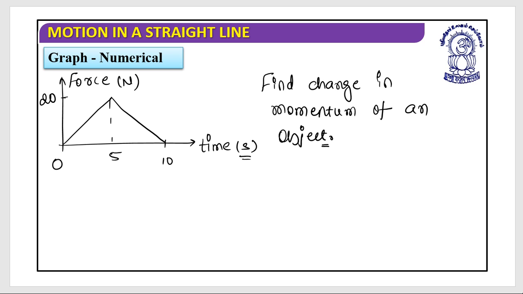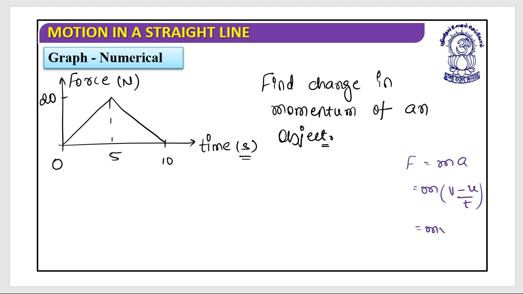So, do we have any relation? If you don't have it, just do rough calculations. In the back of your mind, you should think like this: force should be equal to m into bracket v minus u by t.